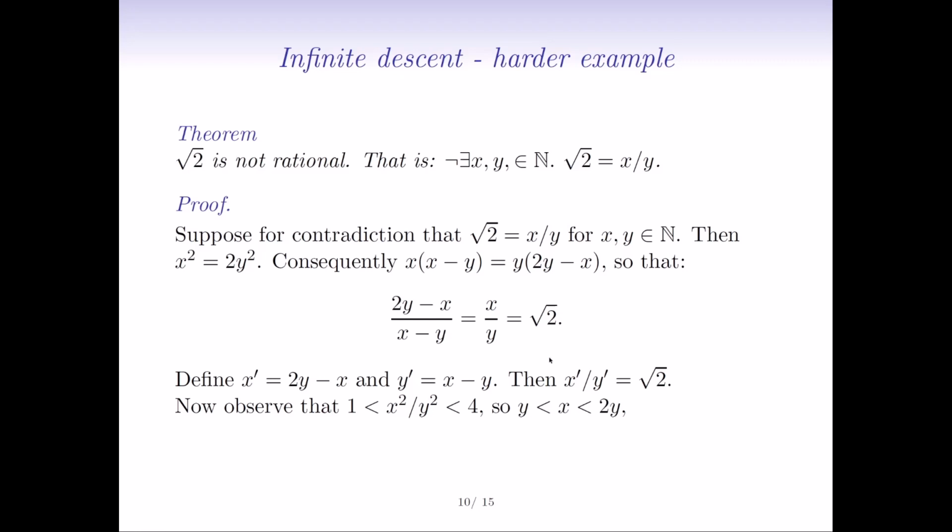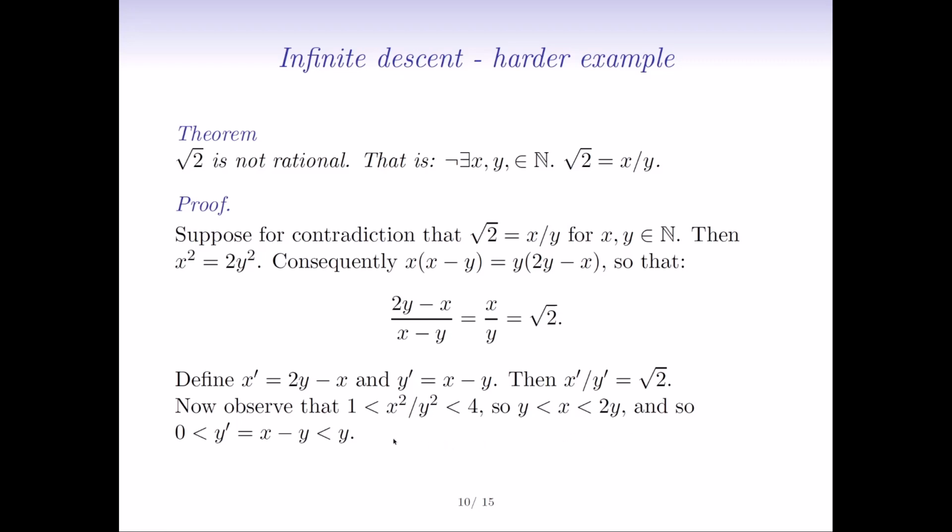And that means that if I multiply all elements of this inequality by y squared, and take their square root, then I get that y is less than x is less than 2y. So x is in between y and 2y.